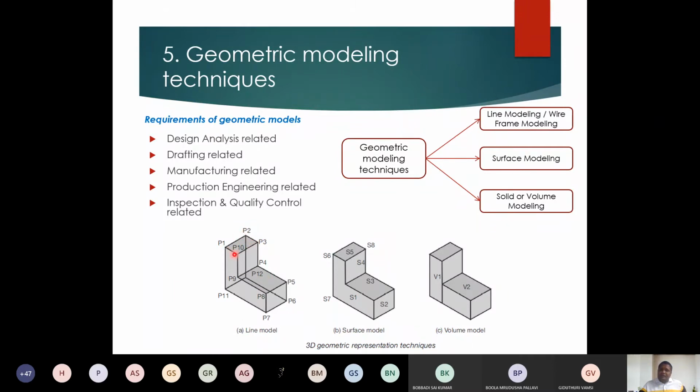The coordinates of different points need to be considered first. For example, P1 is one point, P2 is another point. You create a straight line passing through P1 and P2, and then P2 to P3. Edges alone would be created, and your model is simply a combination of so many straight lines. And that was the initial days of geometric modeling technique, during almost the 1970s.